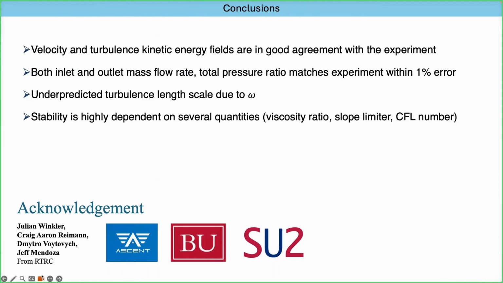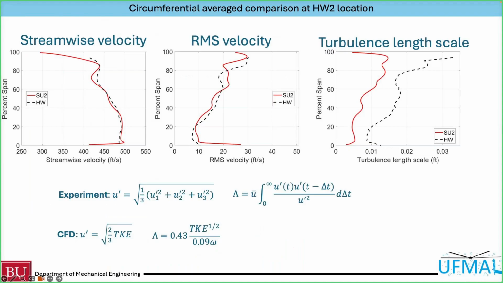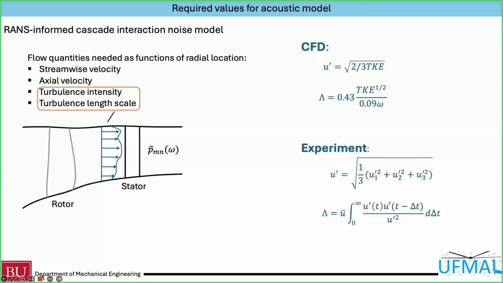A simple question. What is the objective of this simulation exercise? What problem do you solve? There are a couple of goals that we're trying to achieve. One is that we use RANS-informed acoustic models to solve for the broadband interaction noise.